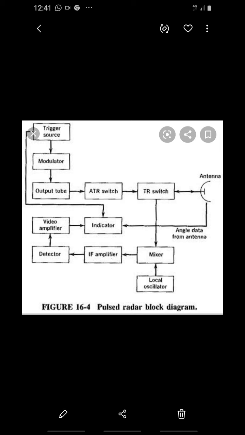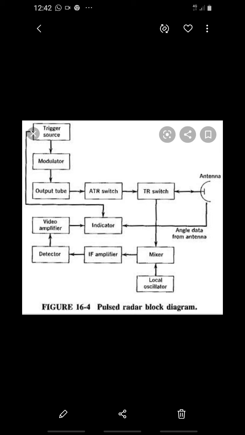Advantages of the pulse radar system. It is simple in design and operation. No need for accurate synchronization. Range can be increased by increasing transmitted power or by increasing the diameter of the parabolic reflector of the antenna. Disadvantages of the pulse radar system.